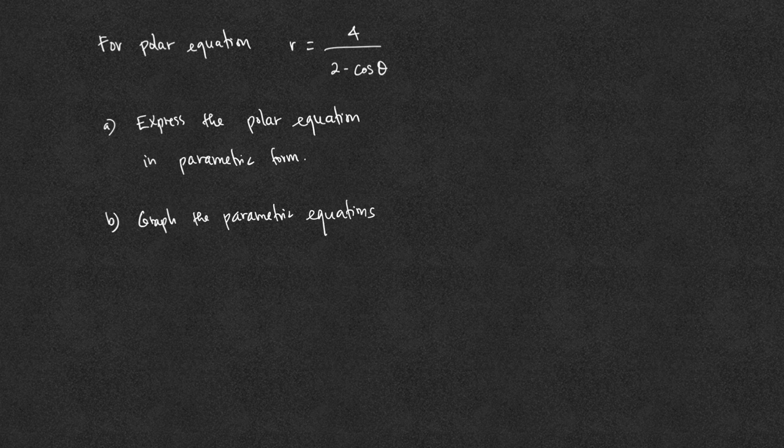First, to parameterize a polar equation, we would use x equals f of t times cosine of t and y equals f of t times sine of t, where f of t is actually r, where r is expressed in theta.